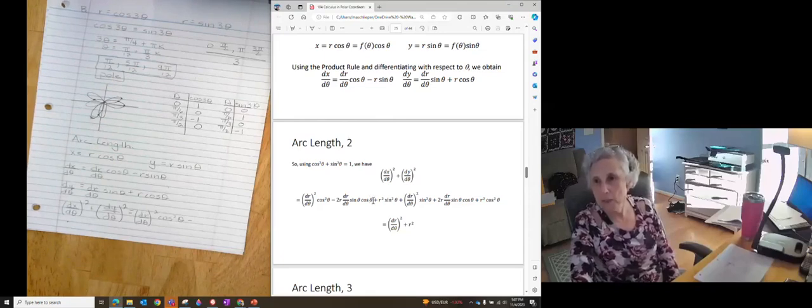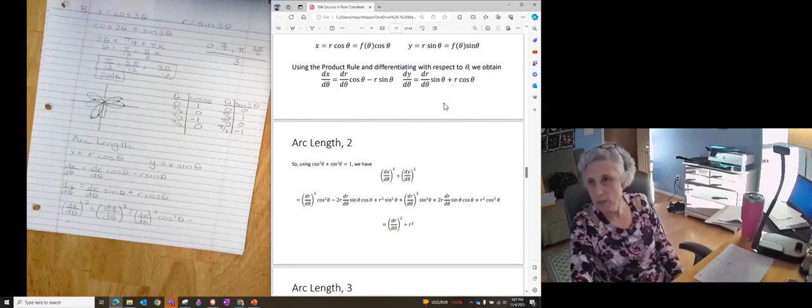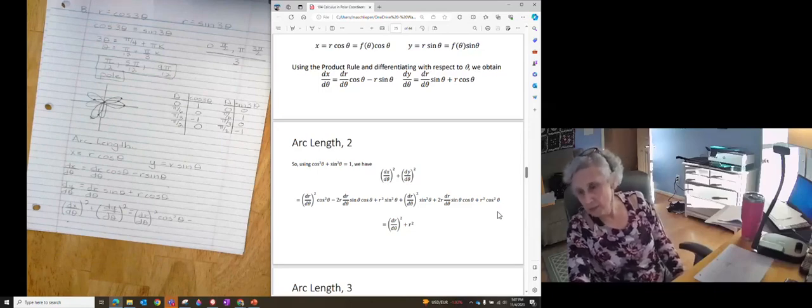And then the last term squared, r squared sine squared theta. Then same thing for this one, (dr/dθ) squared times sine squared theta. And then we have 2 times r cosine theta times dr/dθ sine theta. And then the last term squared.